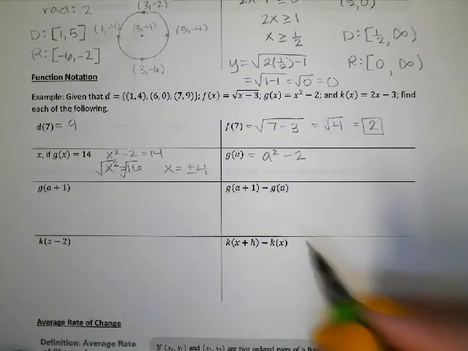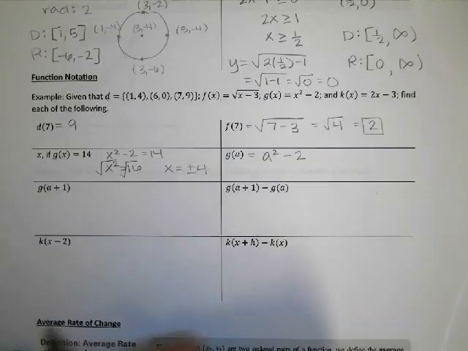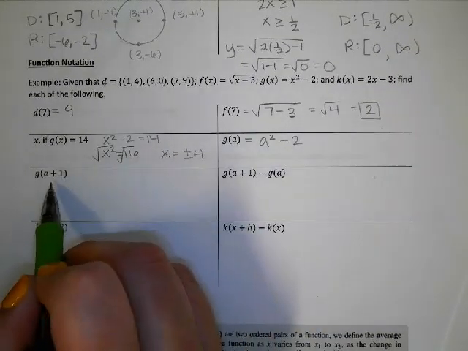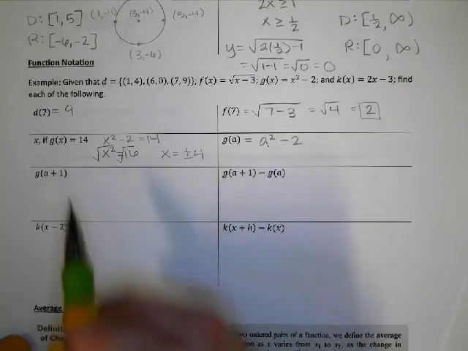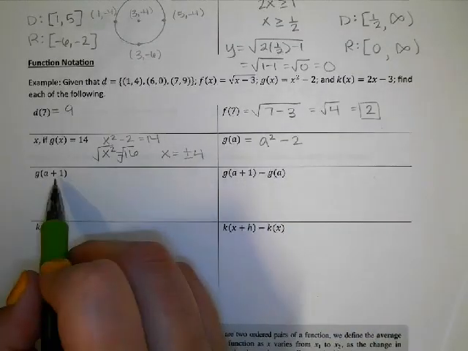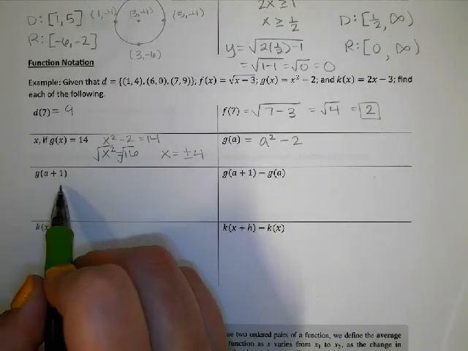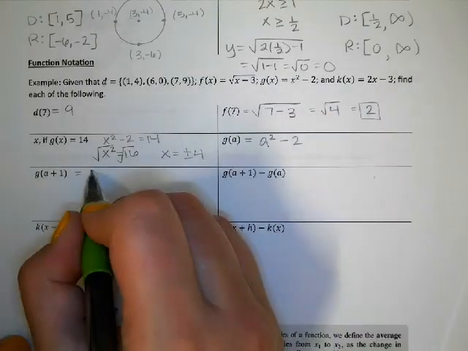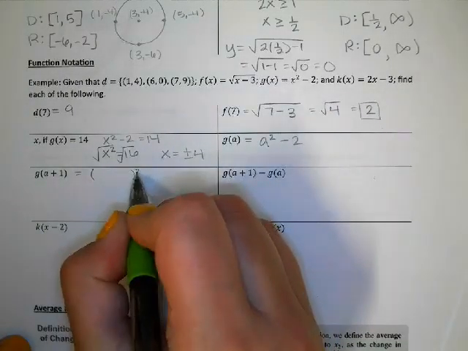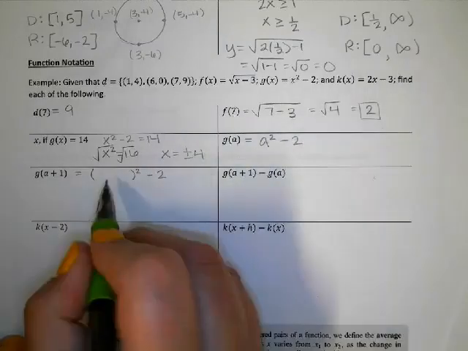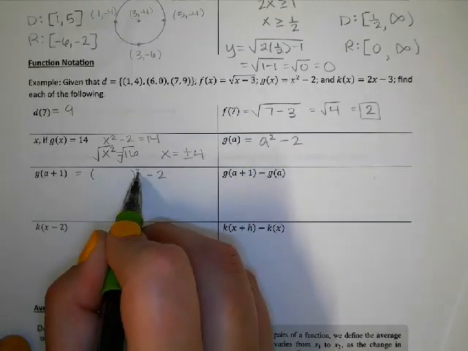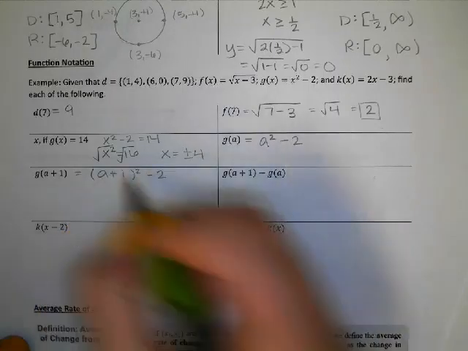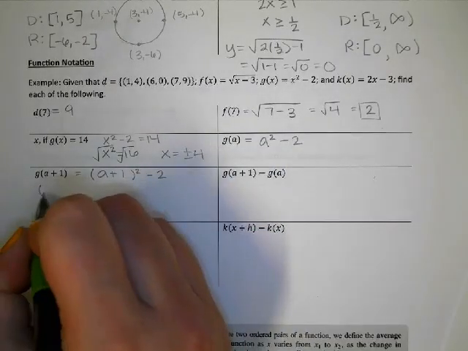The next one, g of a plus 1, that one takes a little bit more thinking. So g of a plus 1, we're going to say g of x is something squared, x squared minus 2. But instead of taking an x and squaring it, we're going to take an a plus 1 and square it. So a plus 1 times a plus 1 with a minus 2 on the end.